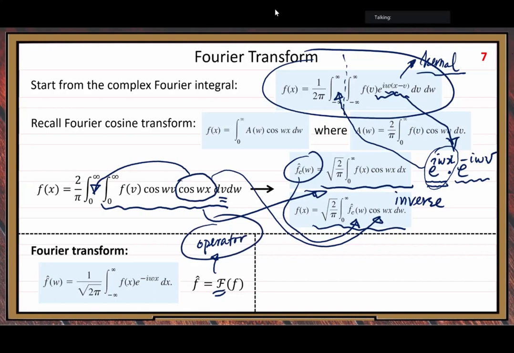That F, like a function, you apply it on a function. This operator concept is a little abstract, and many people do not understand it, so let me say some words about it. In math, in many situations, people like to use the abstract concept of an operator.